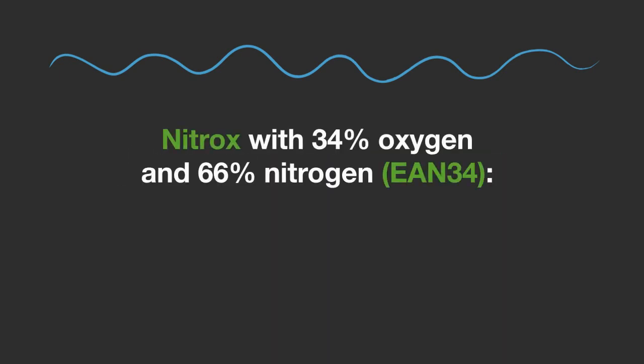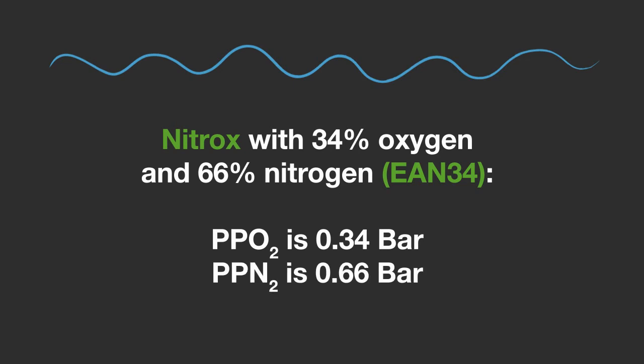For example, we might use a blend of nitrox with 34% oxygen and 66% nitrogen. In this blend, the partial pressure of oxygen is 0.34 bar and the partial pressure of nitrogen is 0.66 bar.